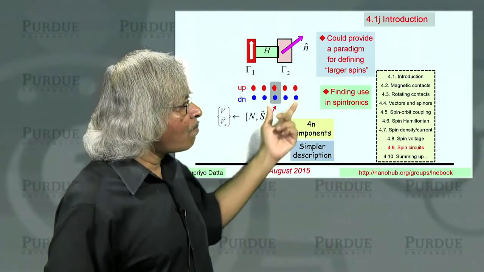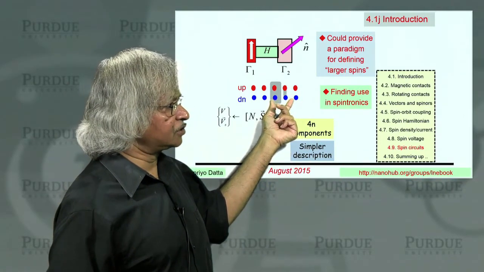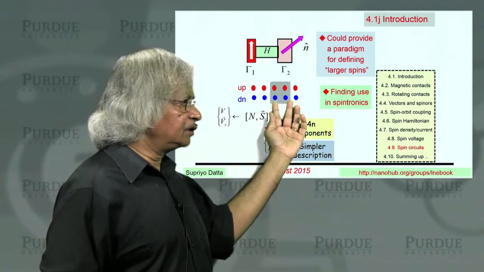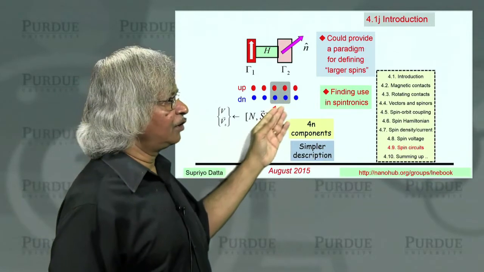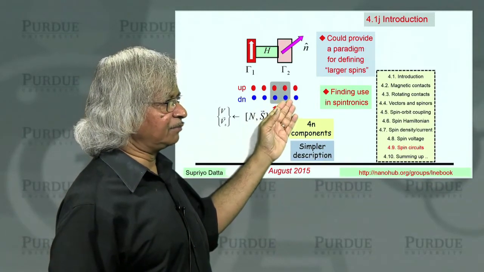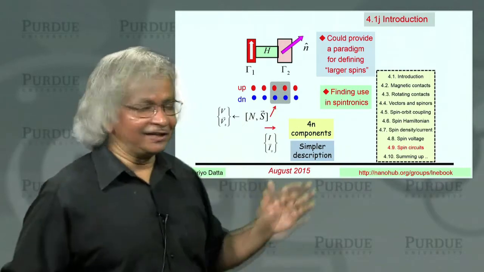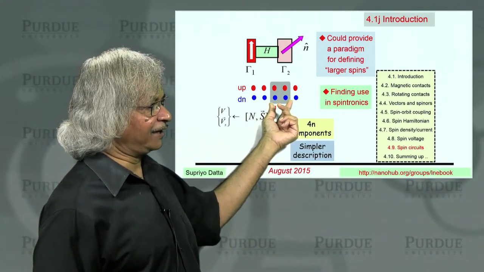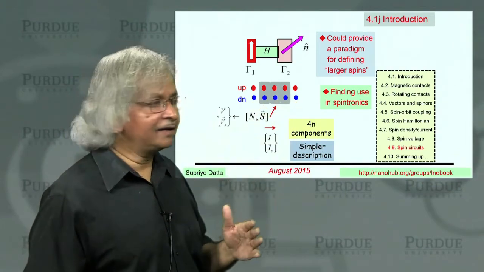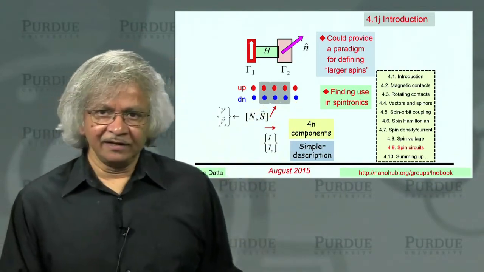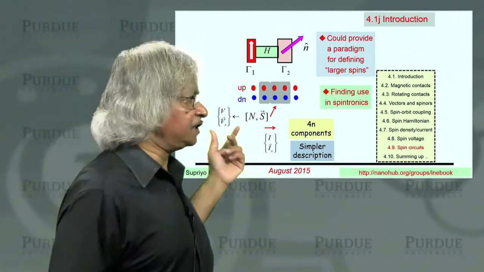On the other hand, you might say, no, actually, we want to keep that one also. So you could take this whole thing and define that as a large spin, one with 4 components rather than 2 components. And in that case, of course, you'd need 16 things to denote the information there. Or you could include this one as well, all 6 components. Then 6 components for psi means 36 components for psi dagger, for the Gn.